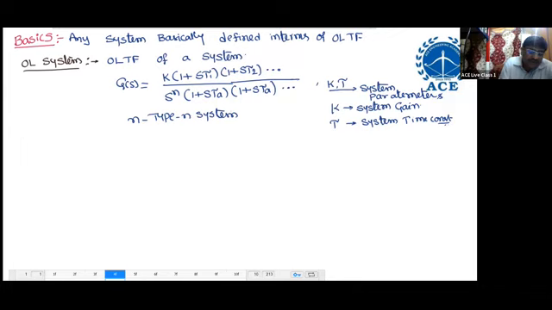What gives the type of an open loop system? It is very important: type and order.